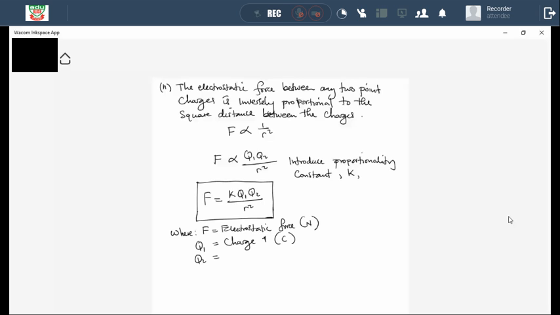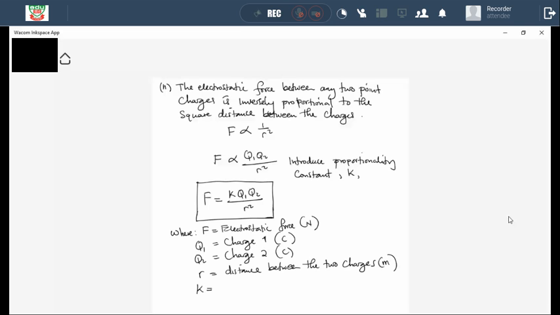Q2 represents charge 2, also measured in coulombs. R is the distance between charge 1 and charge 2, and it has to be in meters.